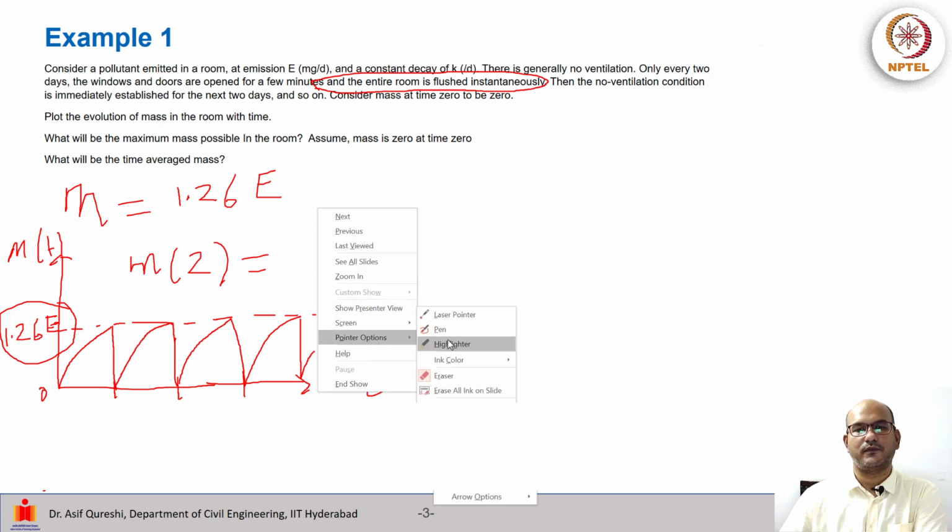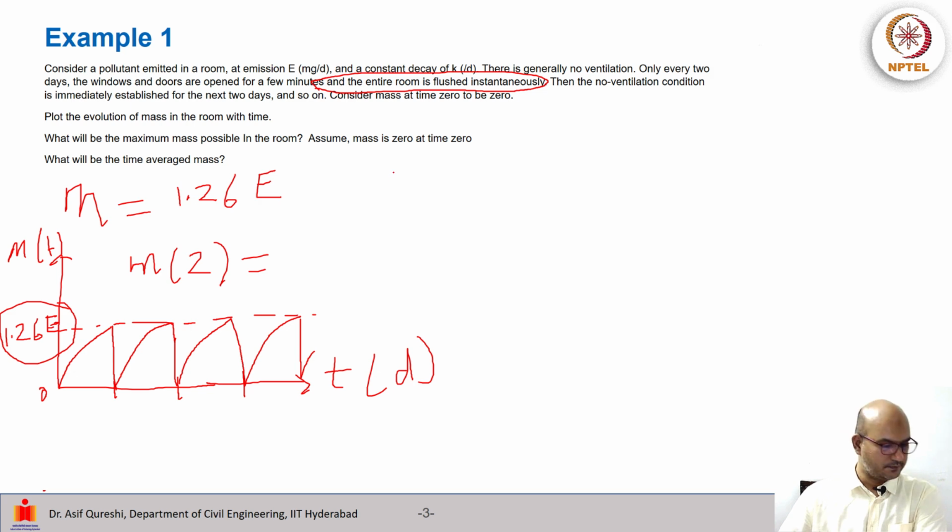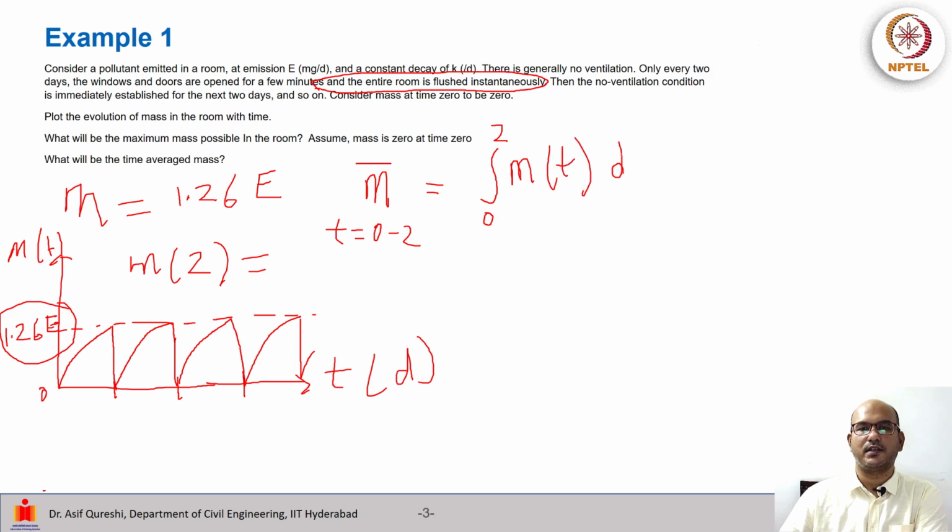The time average mass for time 0 to 2 is the integral from 0 to 2 of M(t) dt divided by the integral from 0 to 2 of dt.